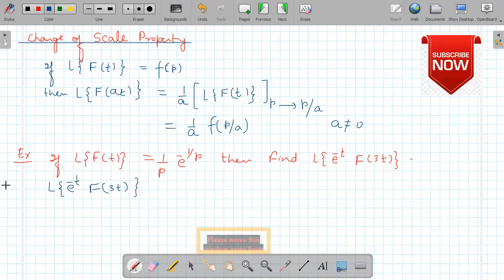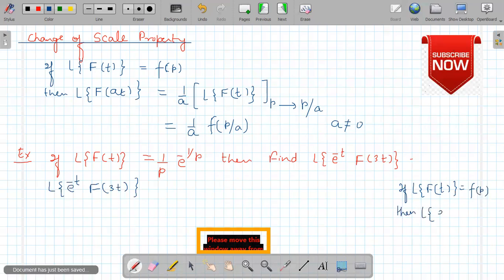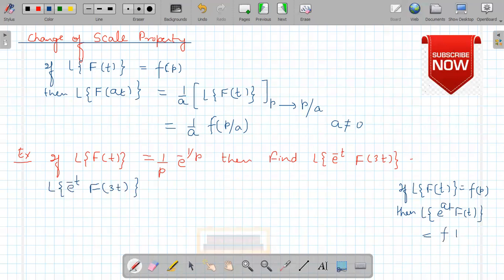It is very simple. Laplace transform of e raised to the power minus t f of 3t. If you remember the first shifting property, it says that if Laplace transform of f(t) is equal to f(p), then Laplace transform of e raised to the power at f(t) will be f of p minus a.